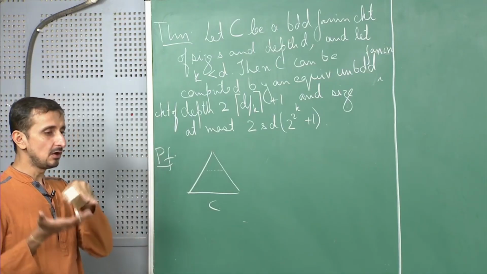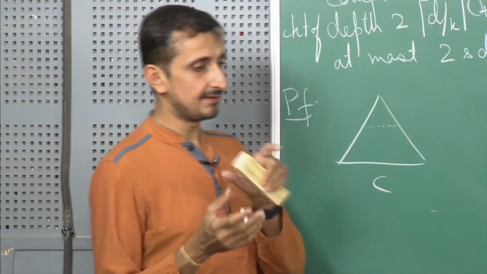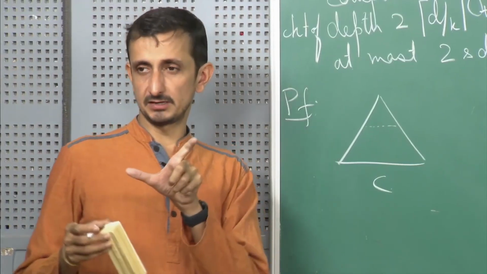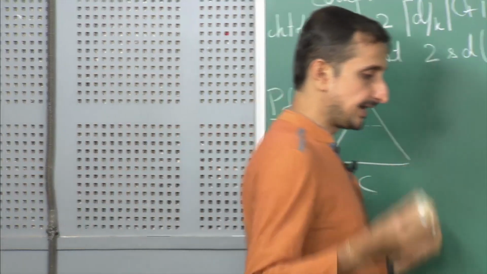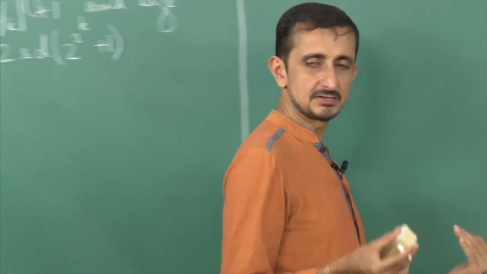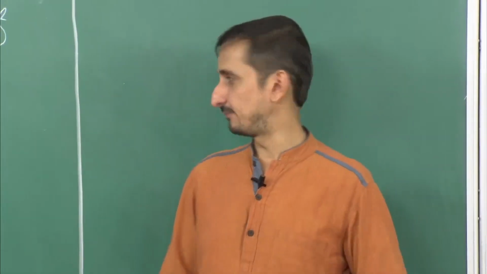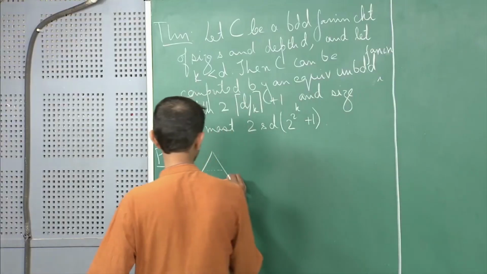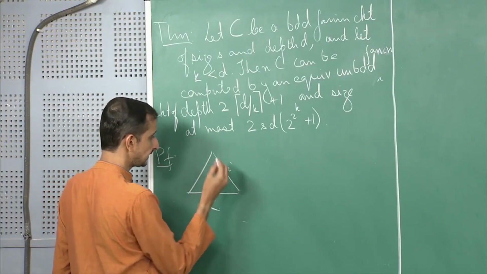By layered, what we mean is that every edge of the circuit goes from one level to another. I can partition the gates into layers or levels, and every edge goes from a level i to i plus 1.